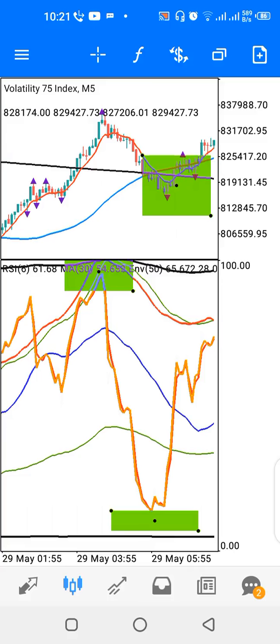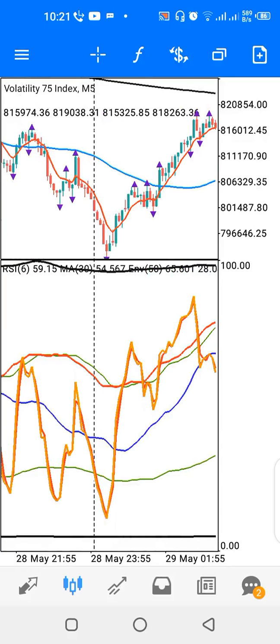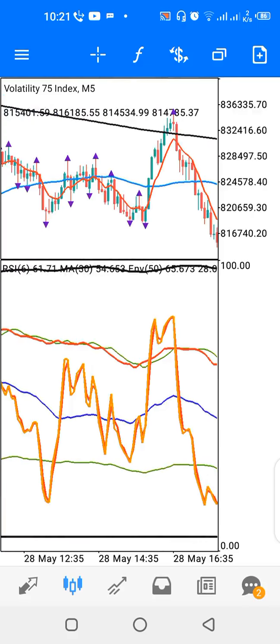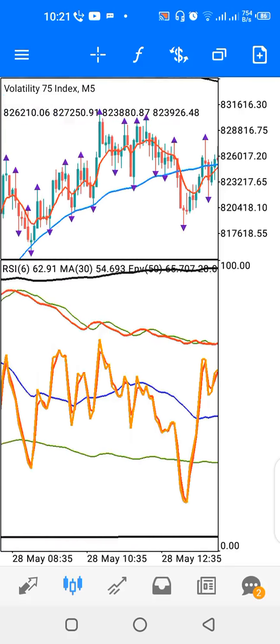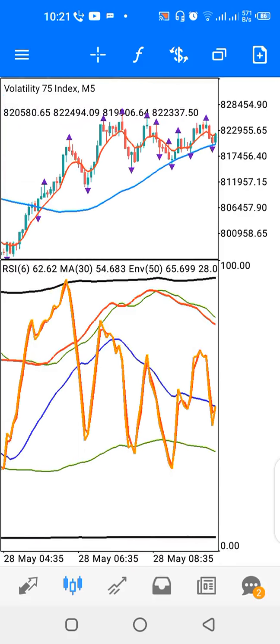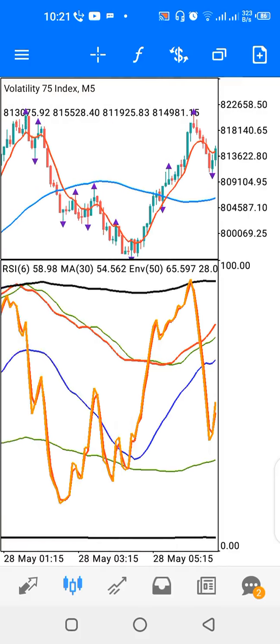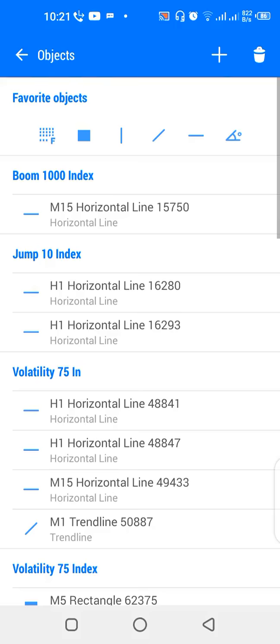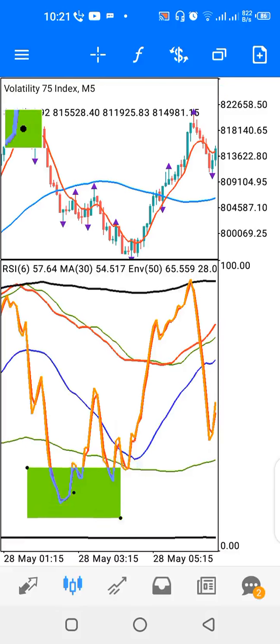So you just need to look at the reaction, look at the formation of the indicators on both windows before you can decide whether you want to sell or you want to buy. All right. So whatever happens, you have to monitor how the red and the orange lines both react.